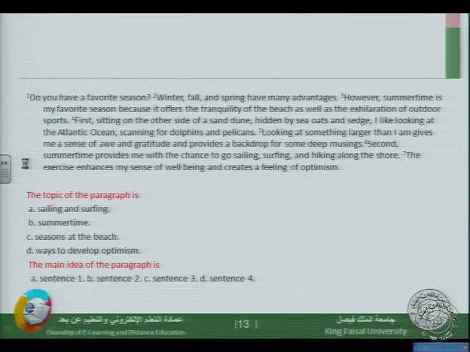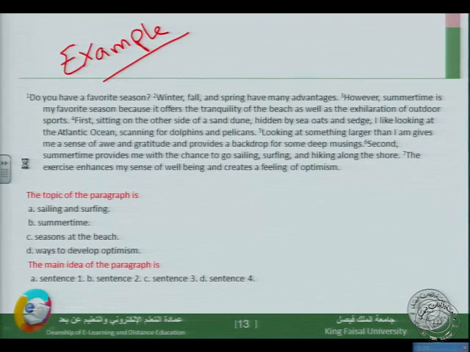Okay, let us take this example. This is an example. مثال. In this example, we need to find something about the topic of the paragraph and the main idea of the paragraph.